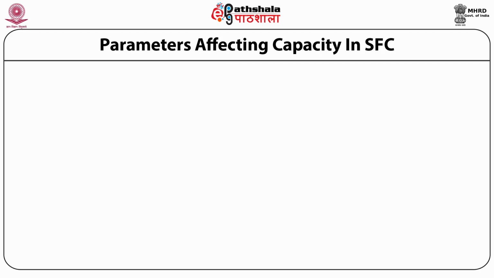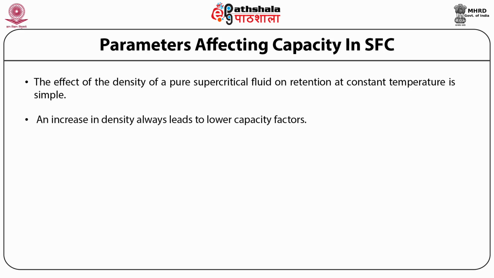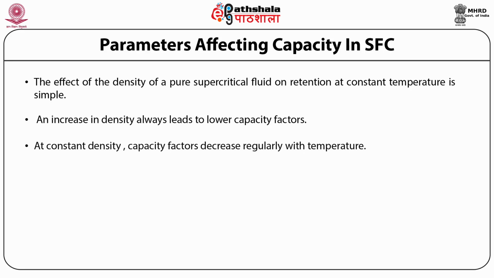Parameters affecting capacity in supercritical fluid chromatography. The effect of density of a pure supercritical fluid on retention at constant temperature is simple. An increase in density is always accompanied with lower capacity factors. At constant density, however, capacity factors decrease regularly with temperature.